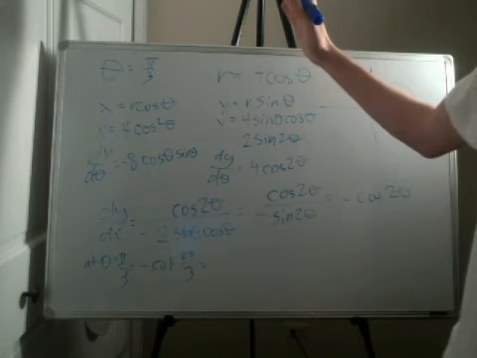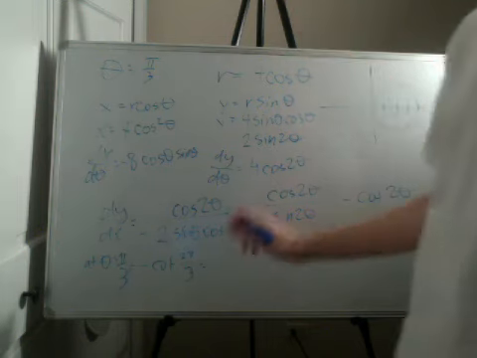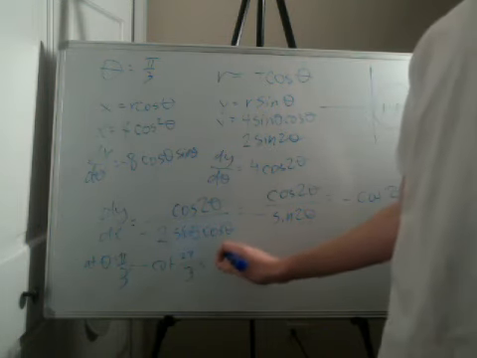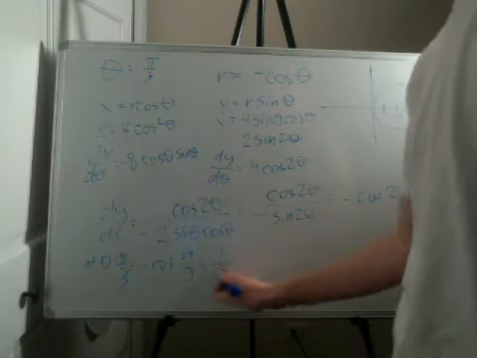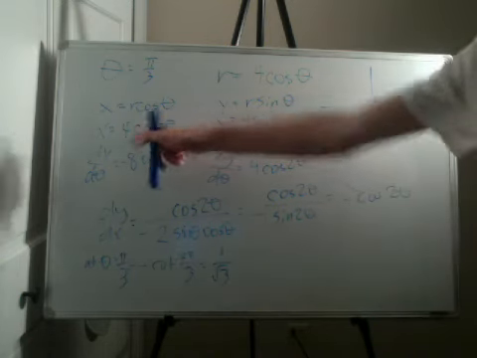The tangent for that one is negative root 3. So because it's cotangent, it would be 1 over root 3 because there's a negative there.